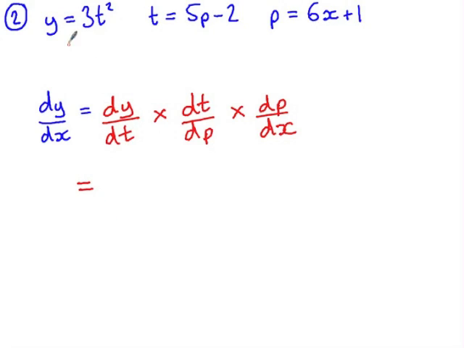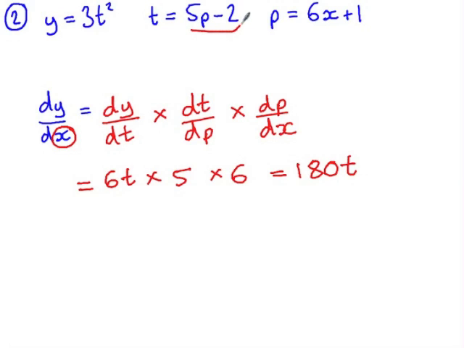dy by dt is 6t, dt by dp is 5, and dp by dx is 6. So this is 180t. But again, I'm not finished because I want dy by dx. So 180t, I can substitute 5p take 2 for t.